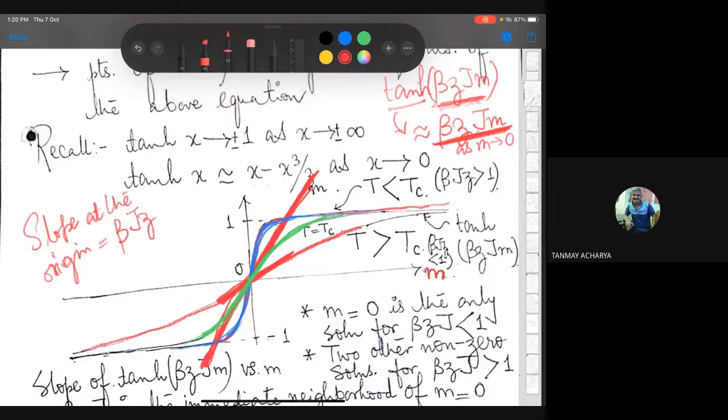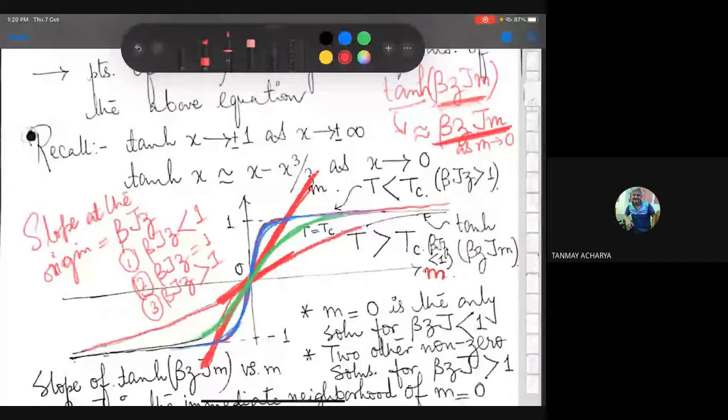Now, beta Jz, there are three possibilities: beta Jz less than 1, beta Jz equal to 1, beta Jz greater than 1. Fine? These are the three possibilities.